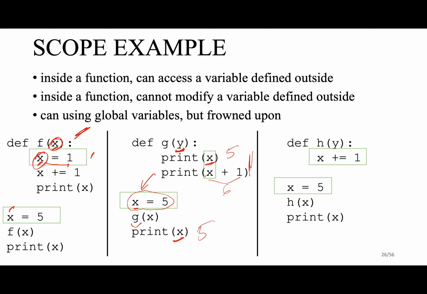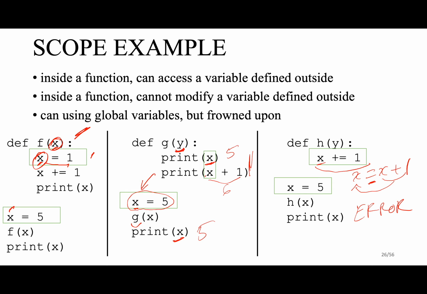Yeah. And another case, similar to the second case, but here we try to modify the value of h. So h equals h plus 1. We have an assignment operator here. We try to assign a value back to h, but this one will give you an error. You cannot do that because h is an immutable variable.